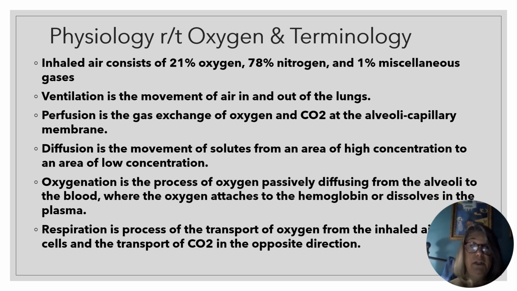When there is a disruption in oxygenation, the cells may become hypoxic because of an inadequate amount of oxygen in the system, causing a decrease in tissue oxygenation. So people who have low oxygen, we're going to see potentially changes in mental status, anxiety, restlessness, confusion.